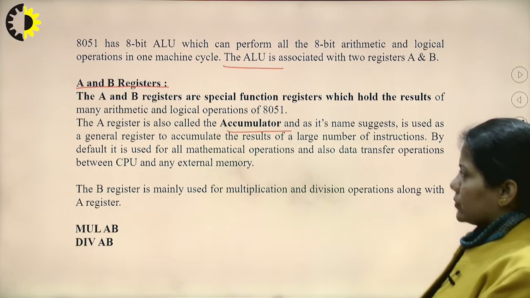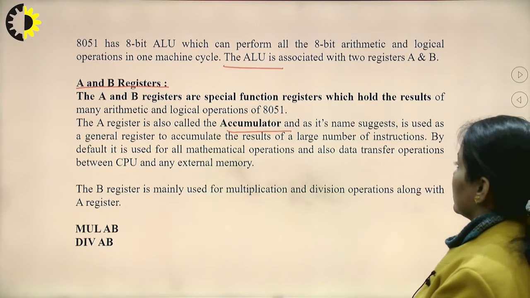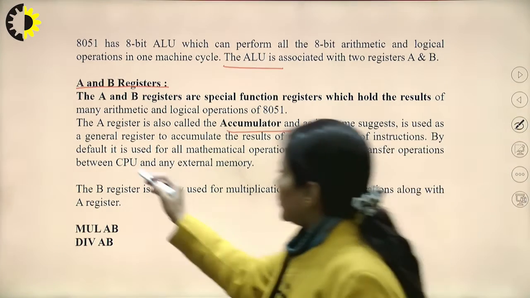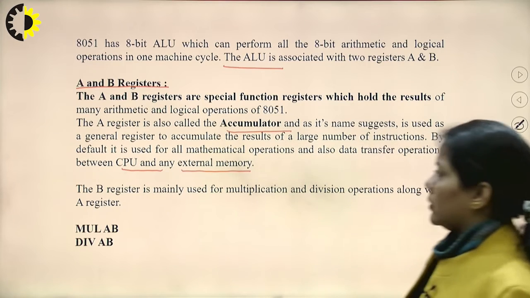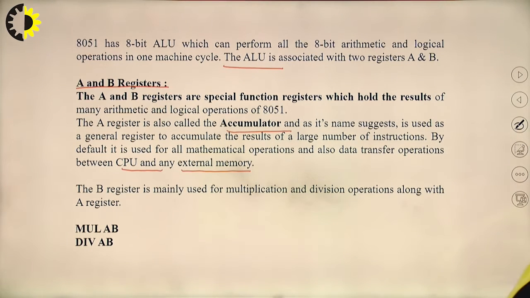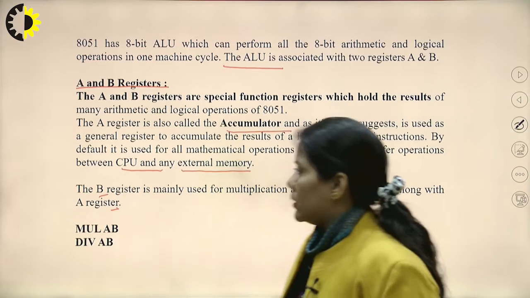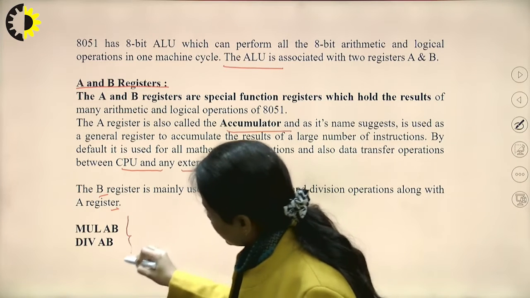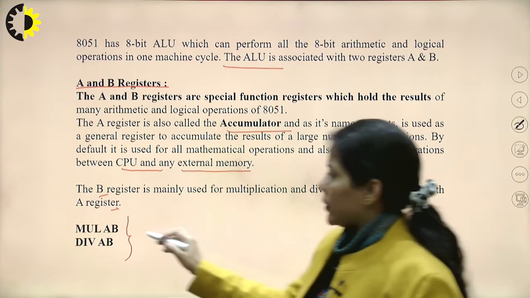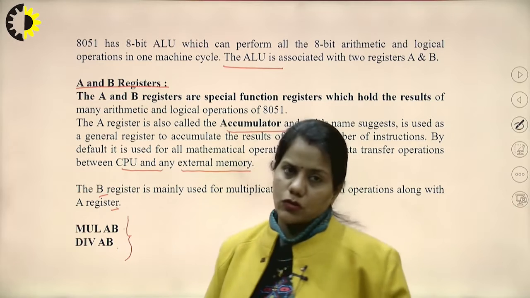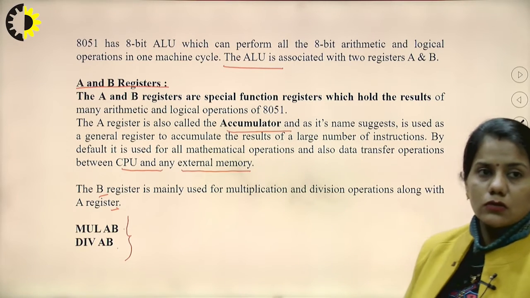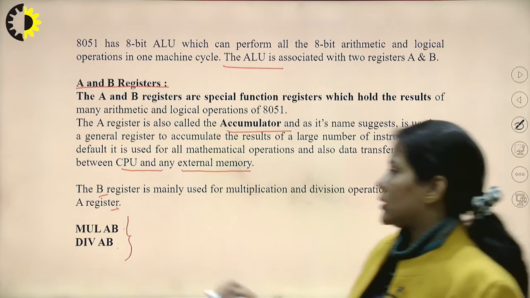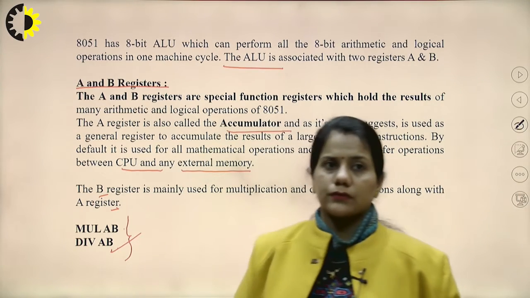By default, it is used for all the mathematical operations and also data transfer operations between CPU and any external memory. The B register is mainly used for multiplication and division operations along with the A register. So, in a few instructions, these are used in combination, for example, in multiply operation and in division operation. So, we will see these instructions in detail in subsequent lectures.